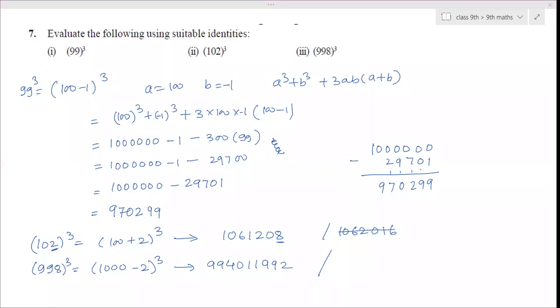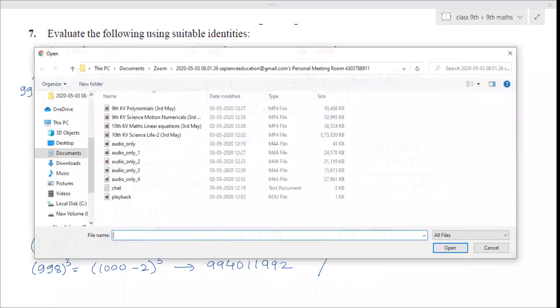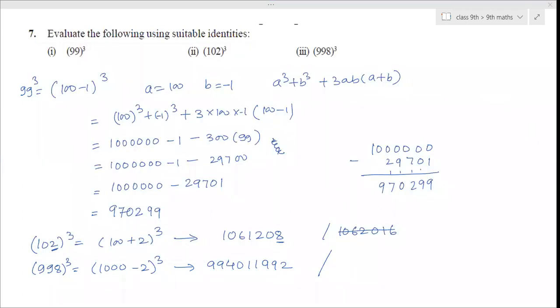Ma'am, I got 993087992. Instead of 40, I got 30, and instead of 11, I got 87.